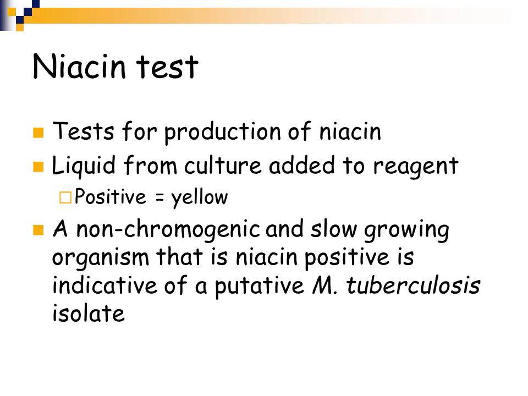So whenever you see a non-pigmented, slow-growing organism and it's niacin positive, that's an indication that you have Mycobacterium tuberculosis. So you should put a circle around that bullet point because that is something you definitely need to know for the next exam and also for your final exam. And the board exams always like to ask a question about Mycobacterium tuberculosis and the non-chromogenic, slow growing, and the fact that it's niacin positive.